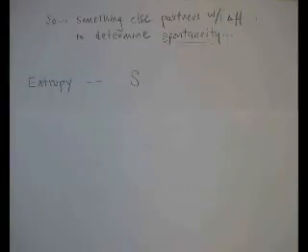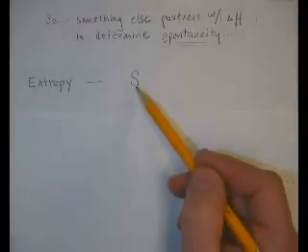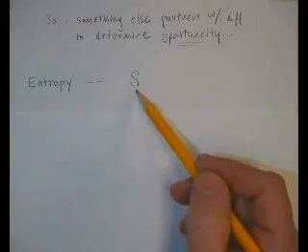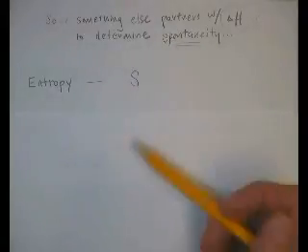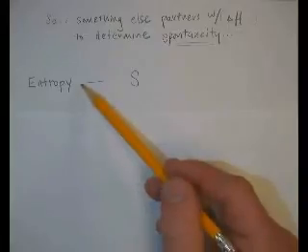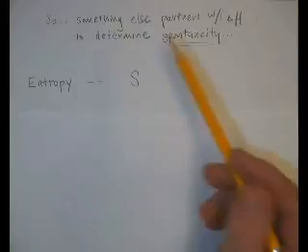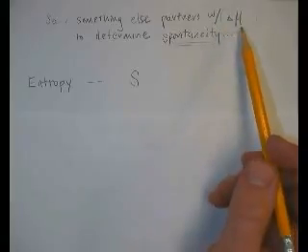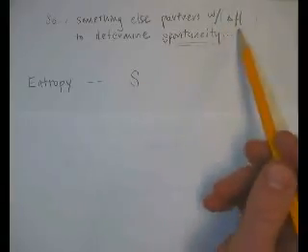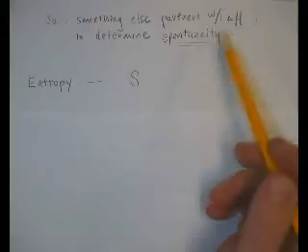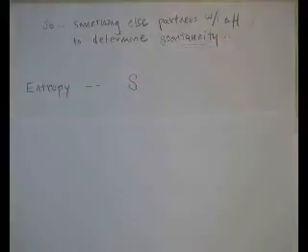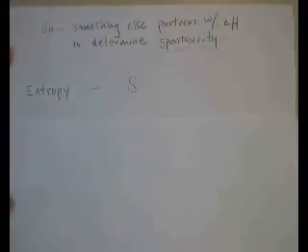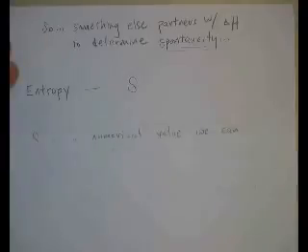This something else is known as entropy, E-N-T-R-O-P-Y, and is symbolized by the letter S. Symbolized by the letter S because it helps us determine if something is spontaneous or not. Entropy alone does not determine if something is spontaneous, just like enthalpy, delta H, does not determine if something is spontaneous or not. These two critters combined with one another will answer the question, will a reaction occur by itself or not? And that's the whole focus of this chapter 19.